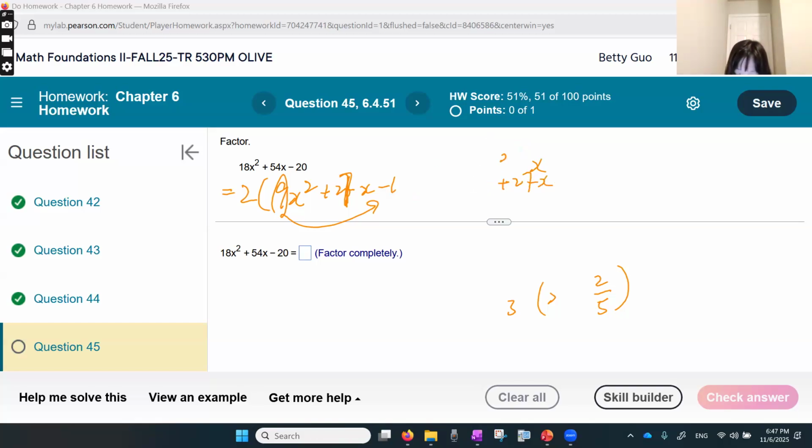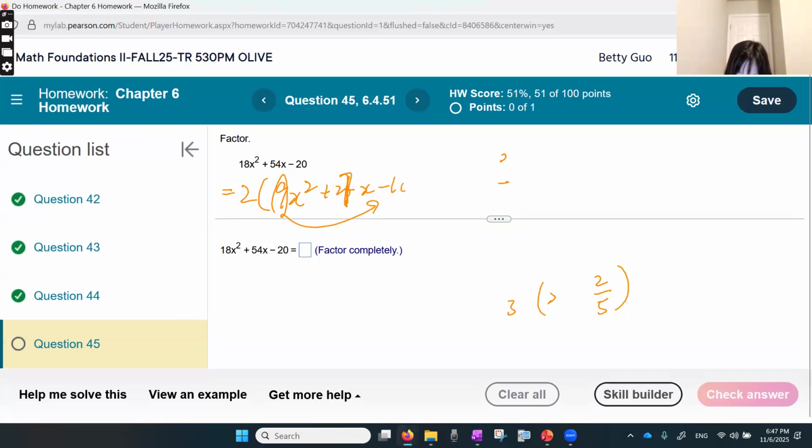Let me erase this very well, otherwise I cannot do it. So we have 9x squared plus 27x minus 90.